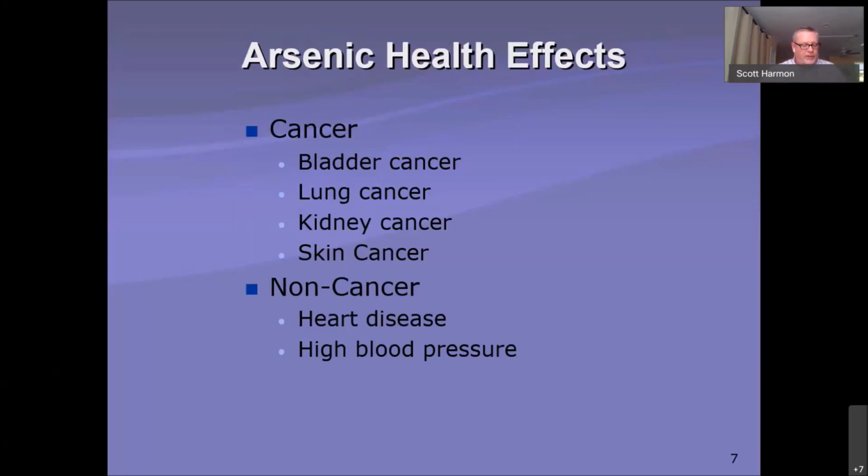Arsenic ingestion has also been linked to cardiovascular, pulmonary, immunological, and neurological effects. All this information I'm sharing with you can be found on the EPA's websites. They really do a good job of explaining the effects of arsenic, and I encourage you to go to those sites and look at it.